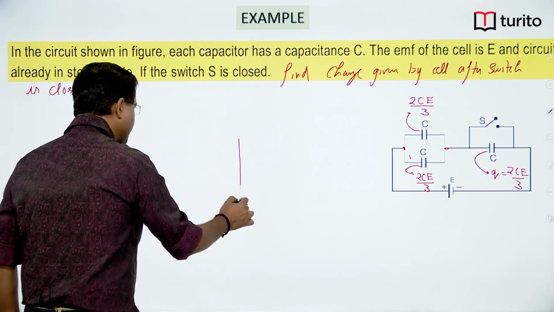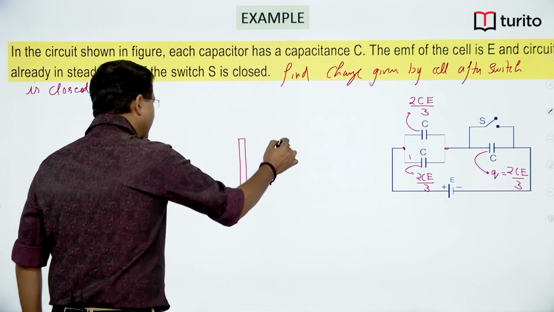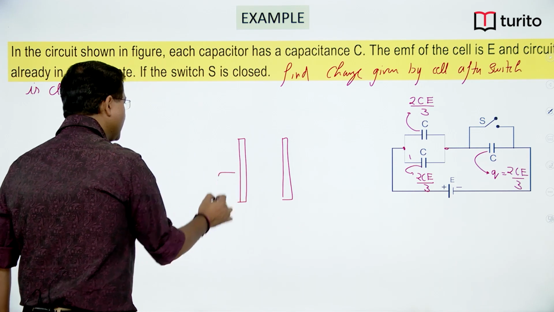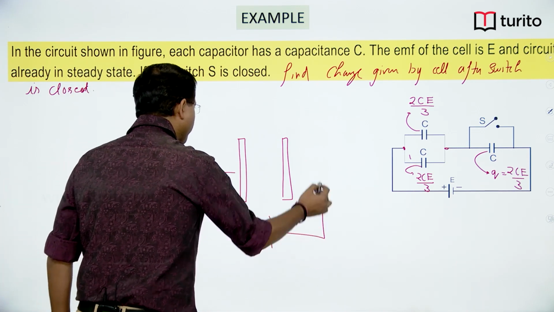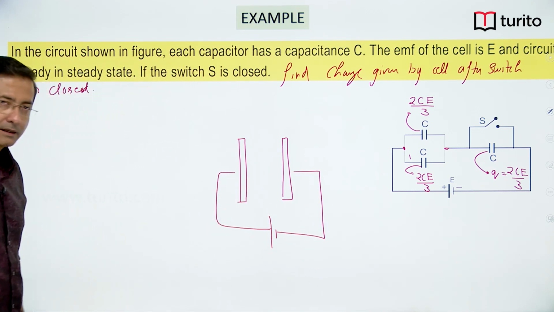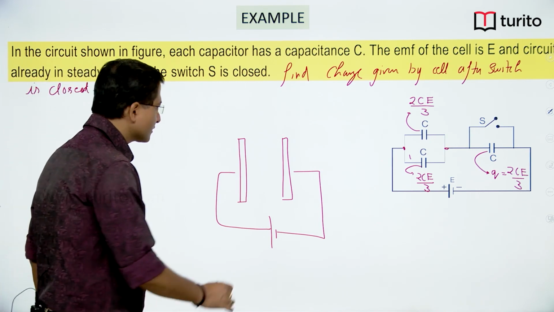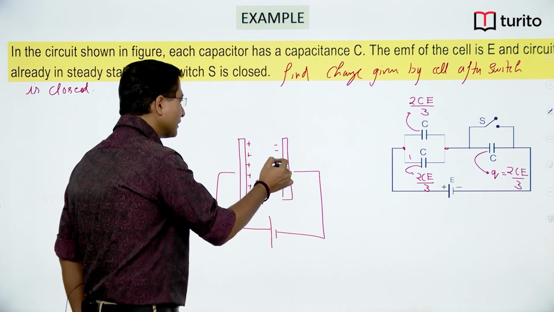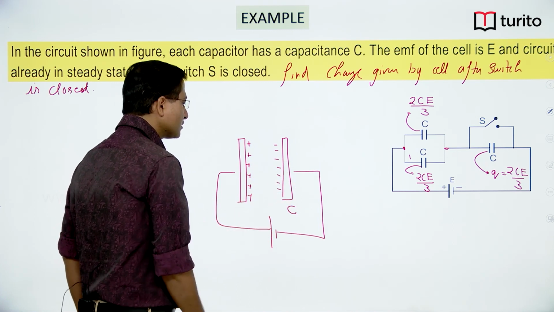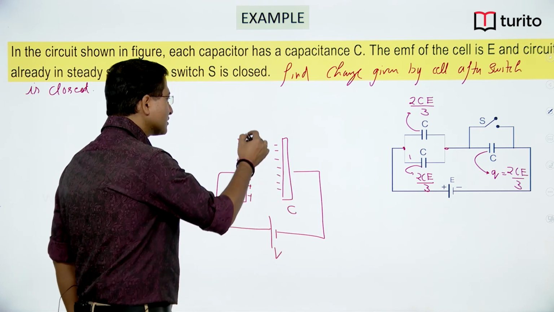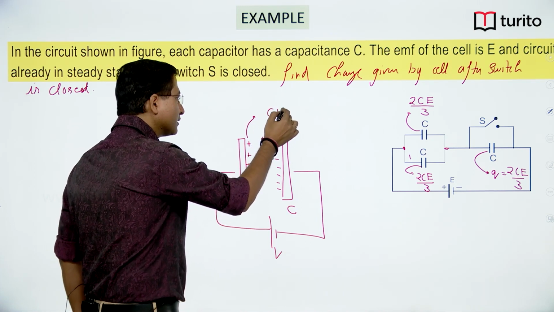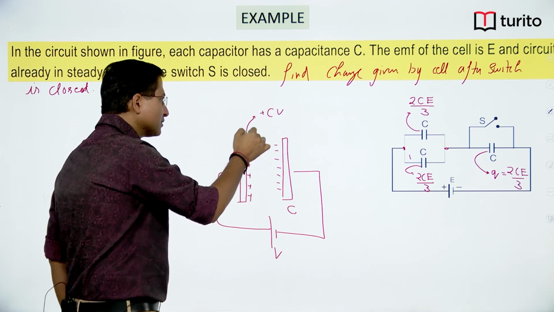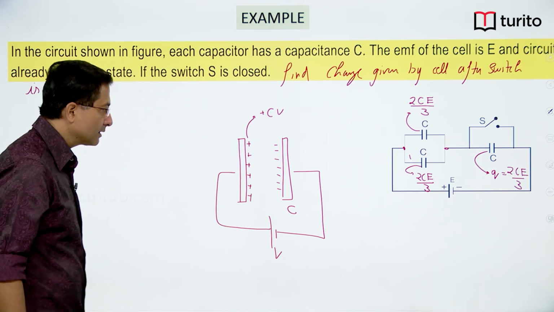So what I am saying is, when you have a capacitor which is initially connected to a battery, right, it carries some charge. This plate will be having plus Q charge and this will be having minus Q charge. If the capacitance of this is C and potential is V, then this charge will be Q is equal to CV, right, plus CV this one and minus CV that one, right.